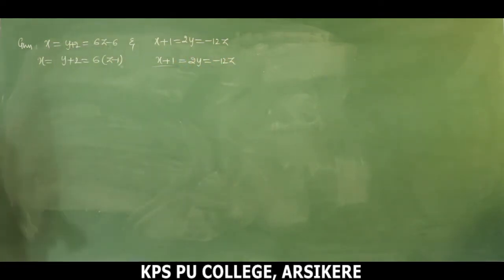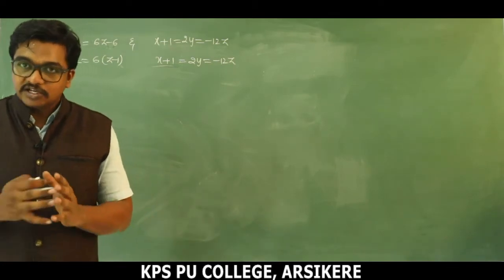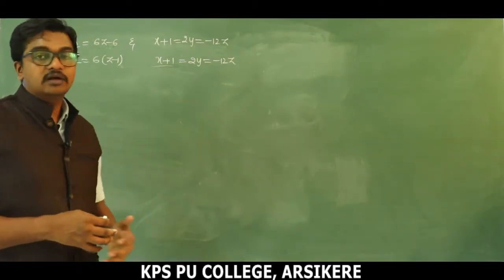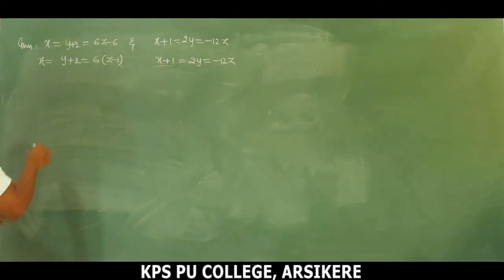So better to divide by 6 for this term, because we have to reduce this as 1. If I divide by 6, 6 comes in the denominator, or else I can write 1 by 6 in the denominator. If I write this as a 1 by 6 fraction, it is quite difficult to simplify that term, that's why we have to divide by 6 throughout this equation.